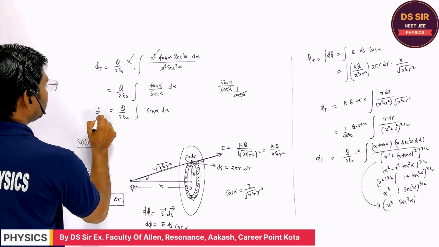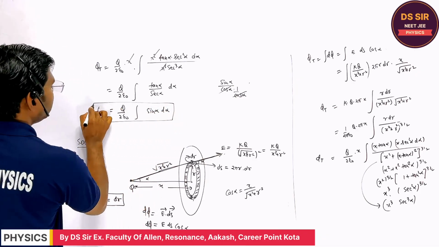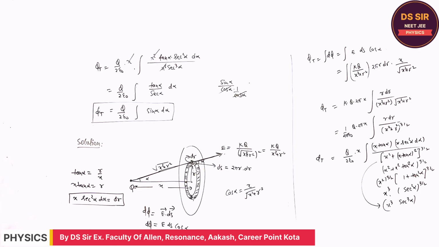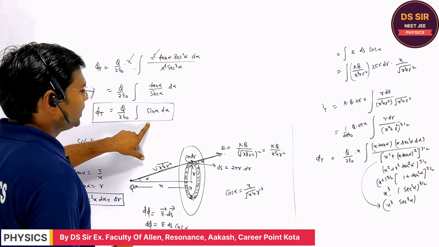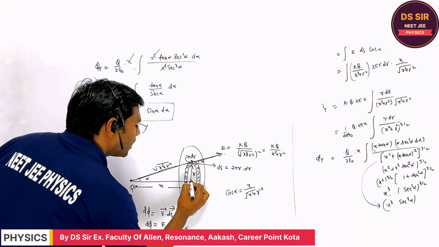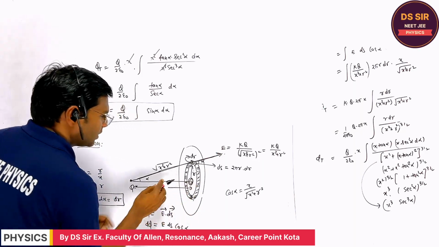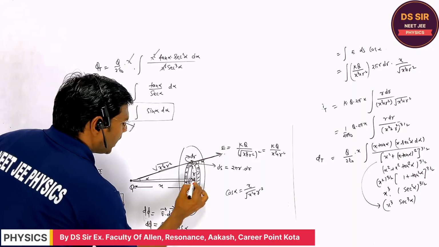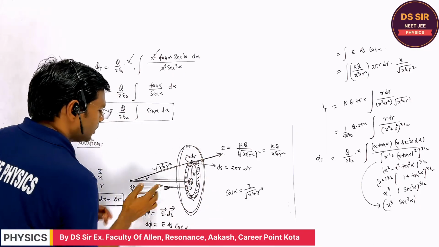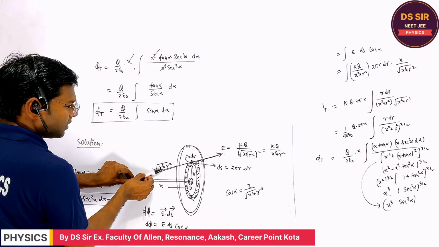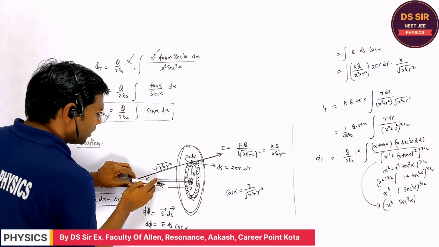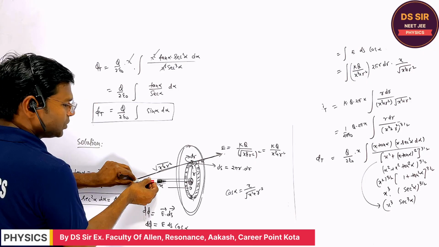First copy till this point, right? Then I will tell you how to put the limit. Copy this. So you have to integrate this over alpha. Listen one thing, the ring starts from here, like this, and then the rings are extended to this point. So this is the alpha. Alpha is the angle made from here. When the ring is at just the center, what is the value of alpha? Say 0.